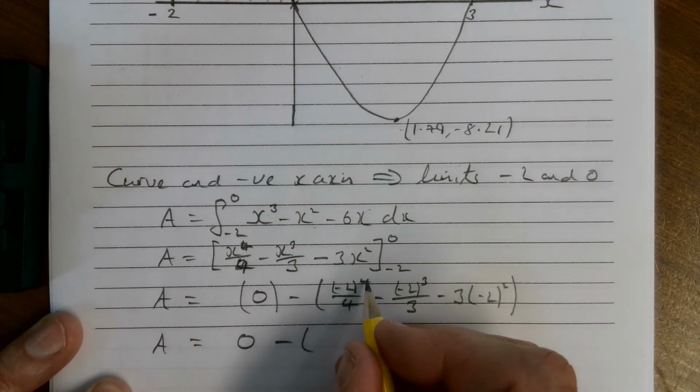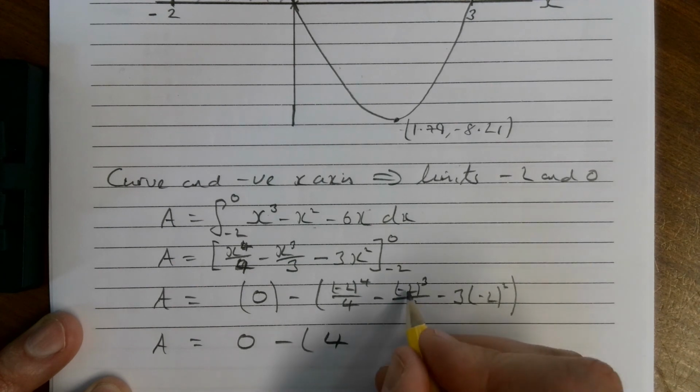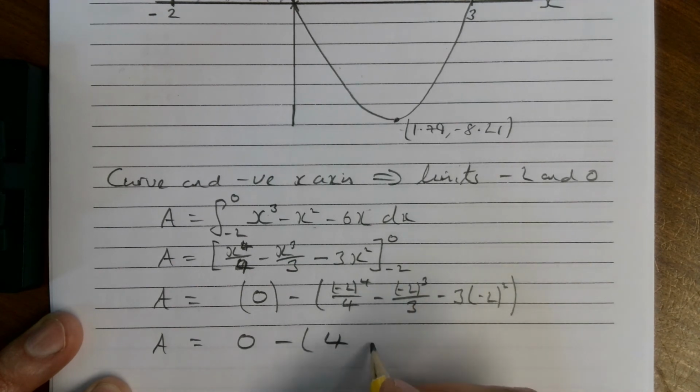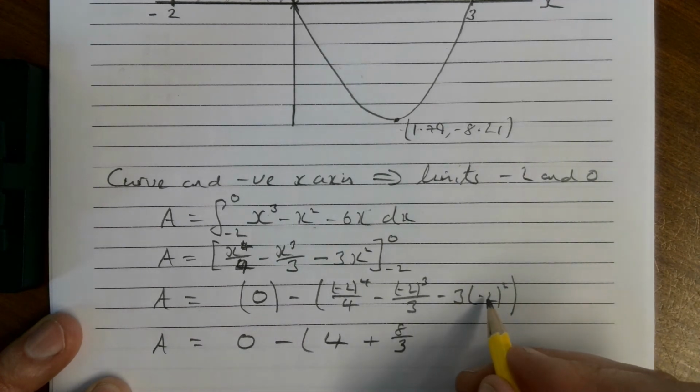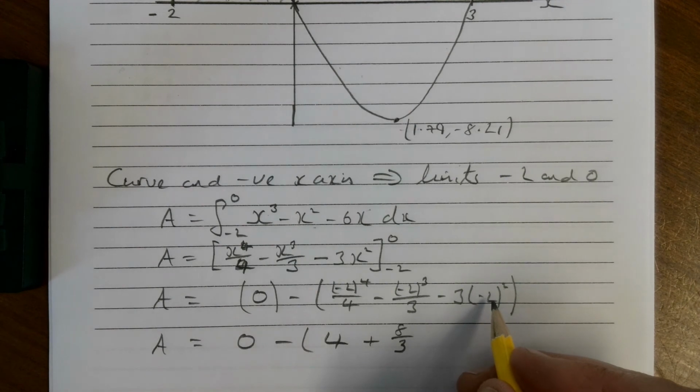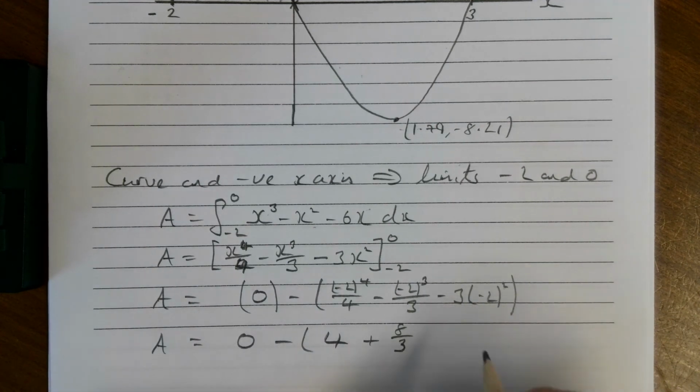Minus 2 to the power 4 is positive 16 divided by 4 is 4. Minus 2 cubed there, but that's a minus and a minus, so it's actually going to be a plus 8 over 3. Minus 2 squared is going to give me 4 times the minus 3, which is minus 12. Be careful with that one.